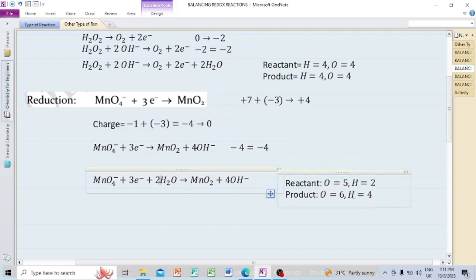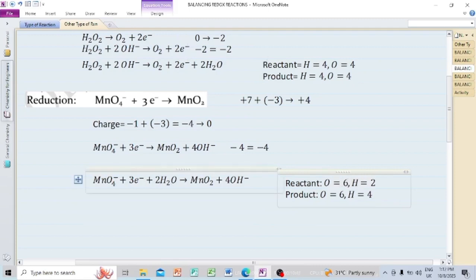Let's check kung balance na. We have 4 oxygen atoms plus 2, so we have 6.